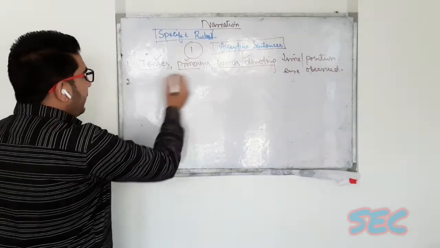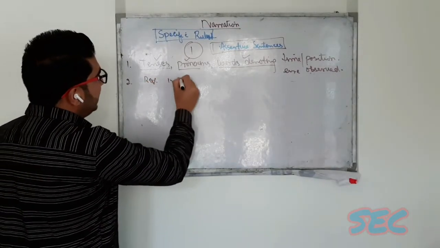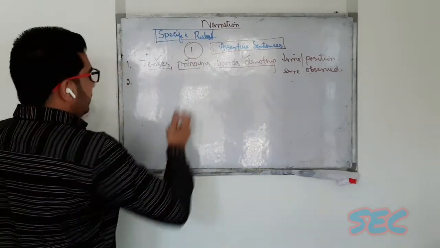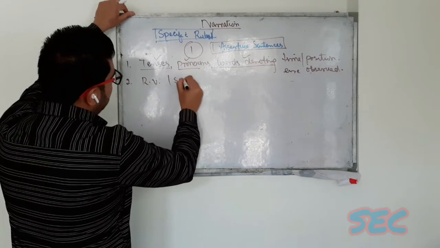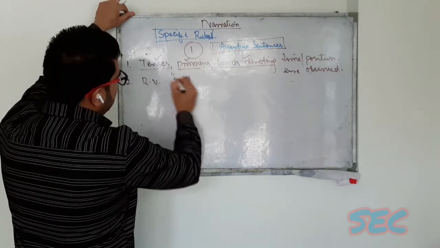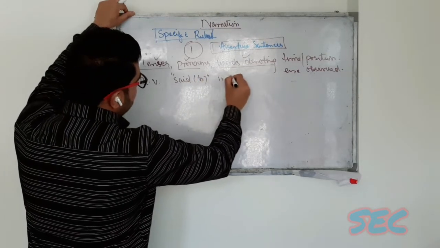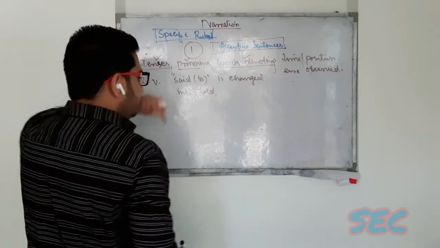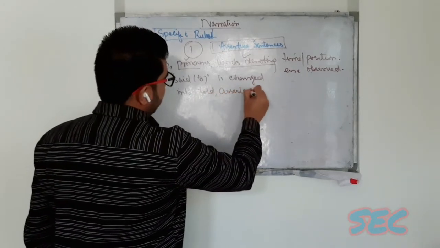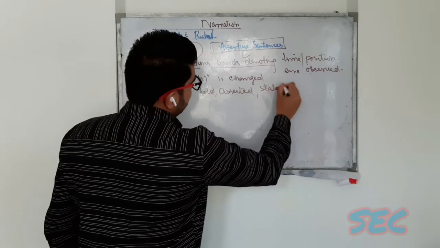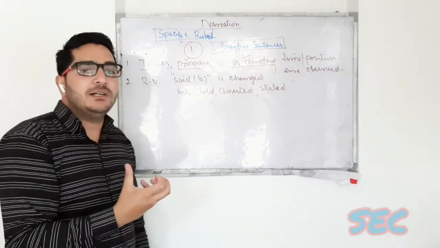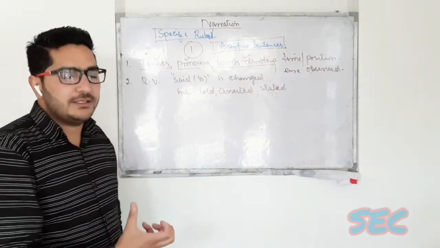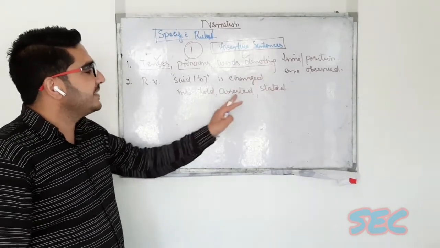See, second rule: the reporting verb said to is changed into told, asserted, stated, etc. So when we have a reporting verb in assertive sentences, while we change a direct sentence into an indirect sentence, the reporting verb is changed into told, asserted or stated.